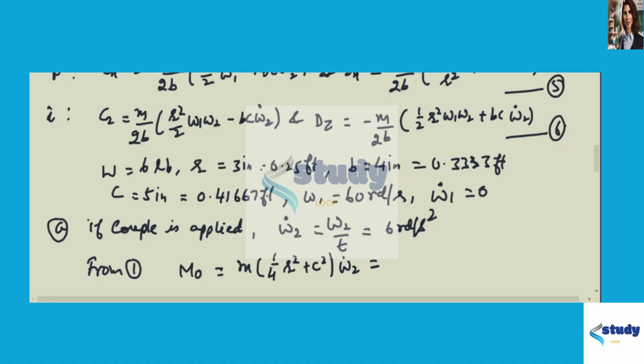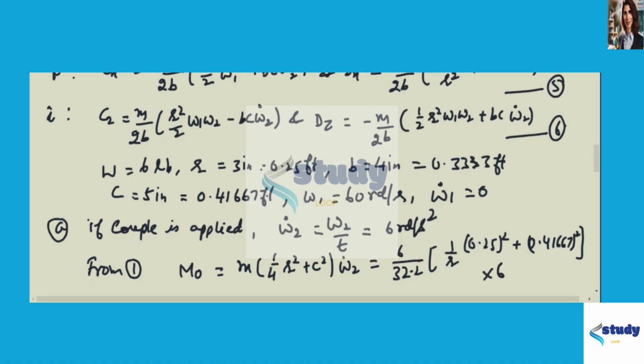Substituting the values, mass, weight is given so it has to be converted into mass, 1 by 4 radius 0.25, C is 0.41 square, into omega 2, that is 6.